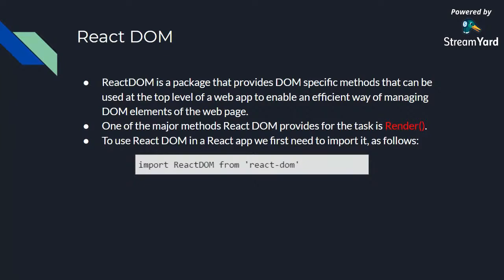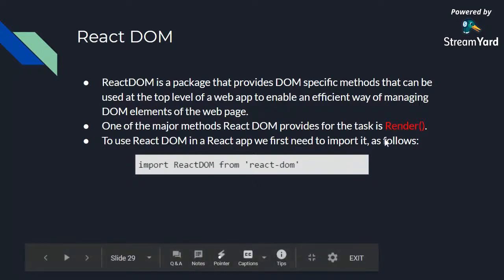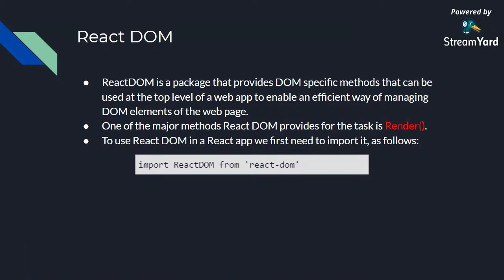React DOM has multiple methods to manage the DOM, but the most popular method that you will see in every example across the internet is the render method right here. The render method is responsible for updating the DOM value or screen.